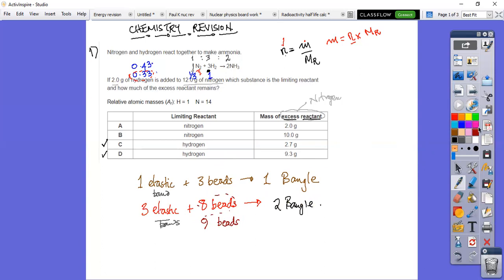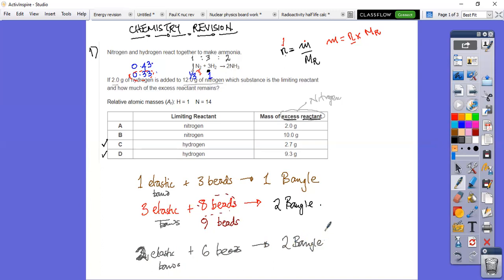And if I make 2 bangles, then the equation now would look like 2 elastic bands plus 6 beads to give me 2 bangles.